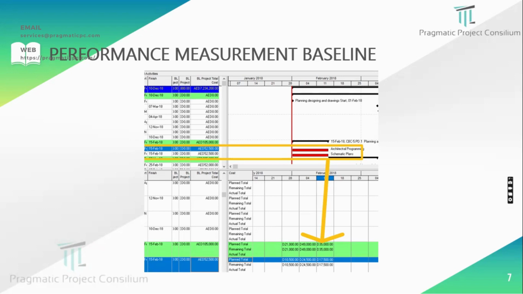For example, for the first month, these two activities together are around 21K, for the starting period, and the value has been distributed in such a way. In the middle of the activity, it is given 49K, and while completing this activity, it is ultimately distributed to 35K.